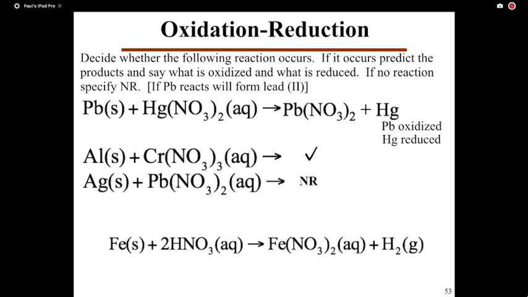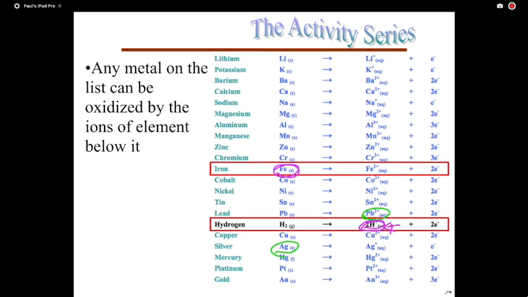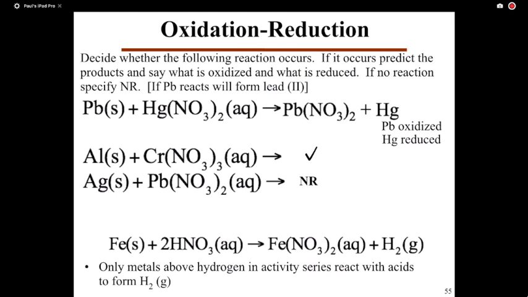This last one, iron plus nitric acid yields iron 2 nitrate and hydrogen. Does that actually react? Iron 2 is right here. No, sorry, it wasn't iron 2. It was the acid plus iron. The acid is lower than iron, so that reaction will occur.